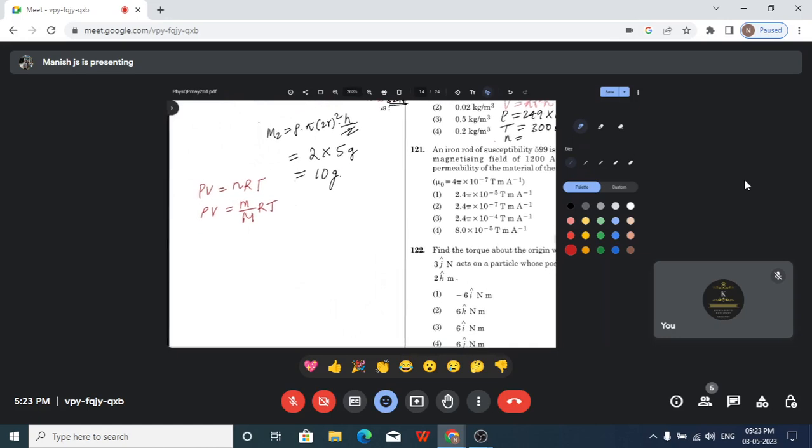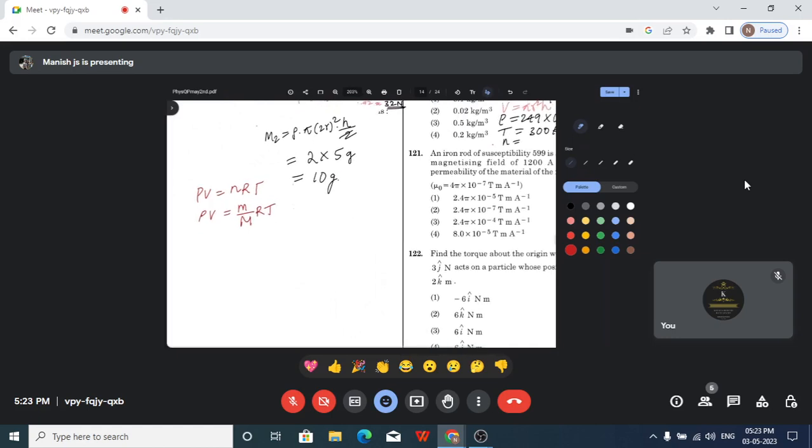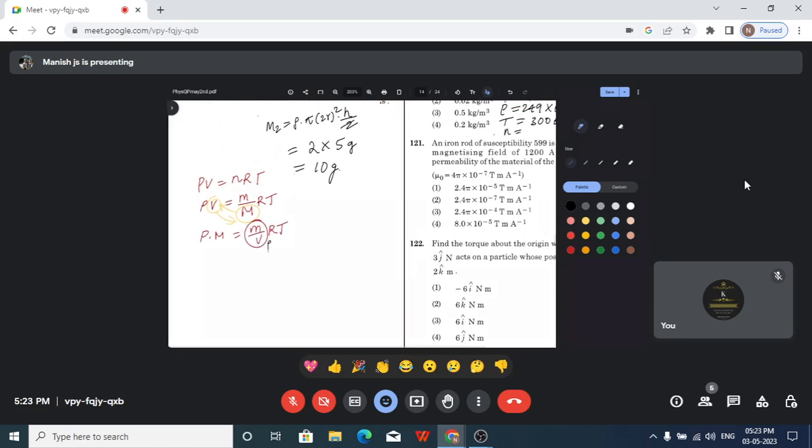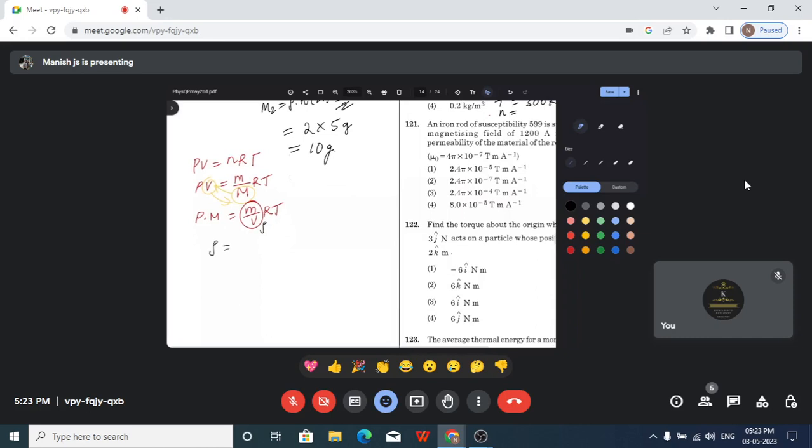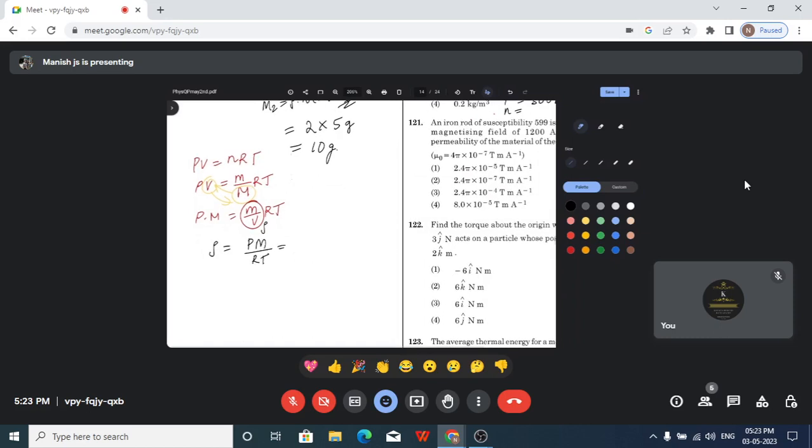So I am going to shift this molar mass to the top and volume to its place. Then I can say pressure into molar mass is equal to mass by volume into RT. Now I got mass by volume, which is nothing but density. So density is equal to pressure times molar mass upon RT. This is how I bring the relation.